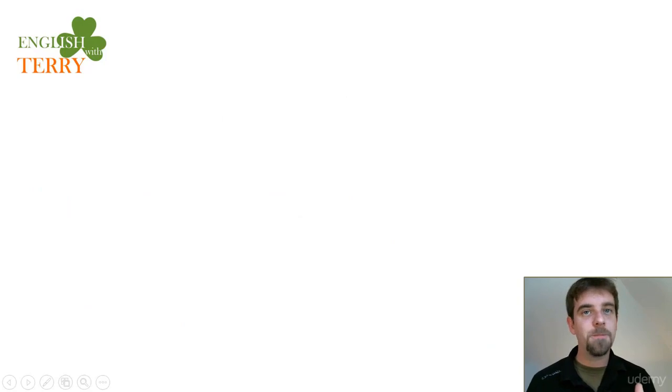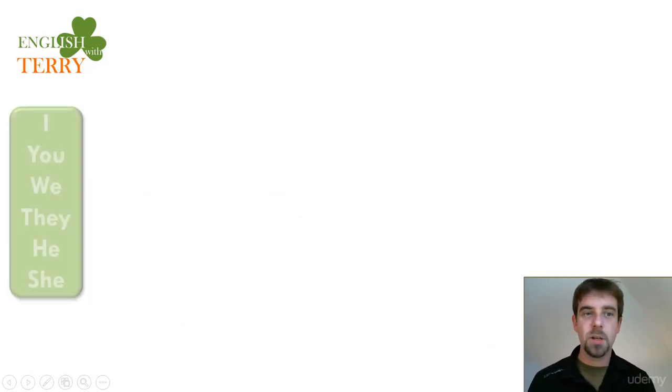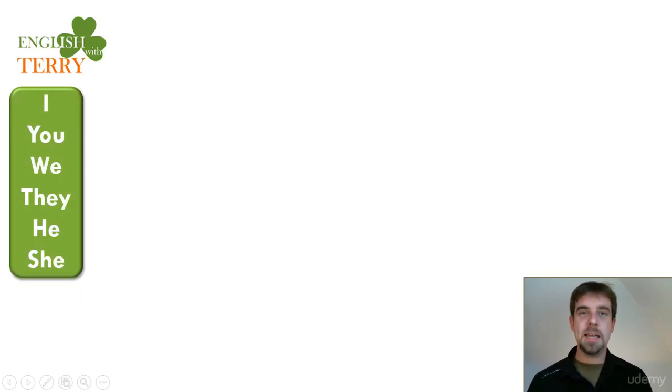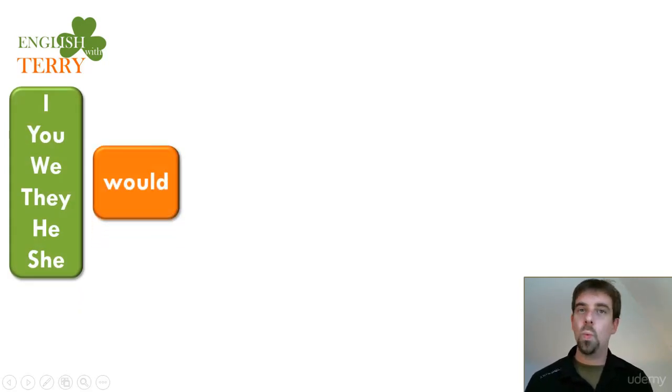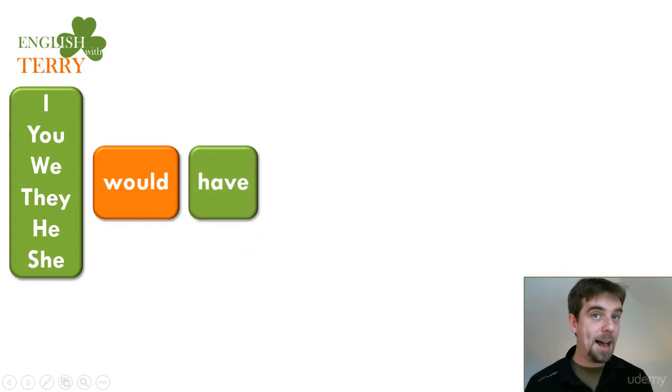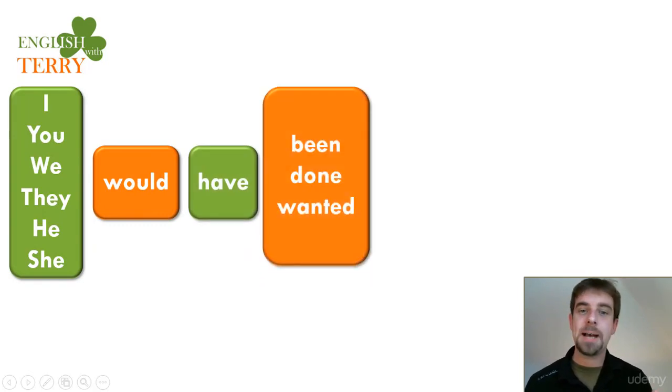So looking at the form, all the ingredients or little pieces of the sentence, we start with I, you, we, they, he, she. Would, have. Now it's past participle. Here are only examples. You can have whatever verb you want. I would have done it. I would have seen him, etc.